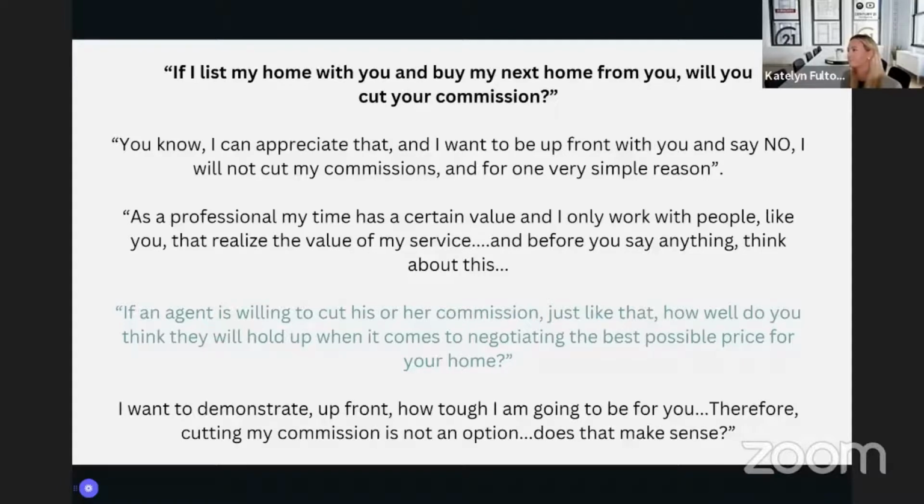If an agent is willing to cut his or her commission just like that, how well do you think they will hold up when it comes to negotiating the best possible price for your home? I want to demonstrate upfront how tough I'm going to be for you. Therefore, cutting my commission is not an option. Does that make sense? Yes. Thank you.